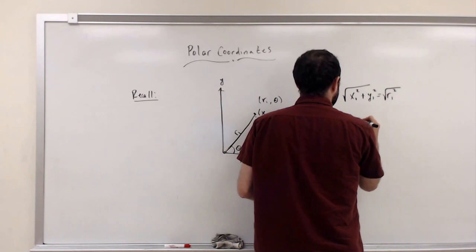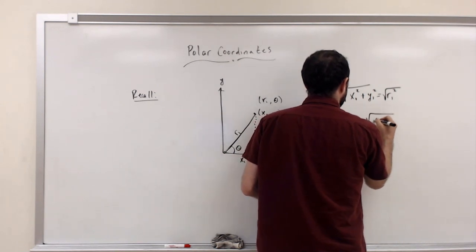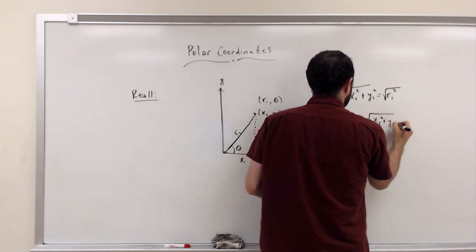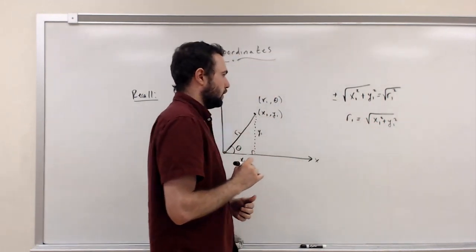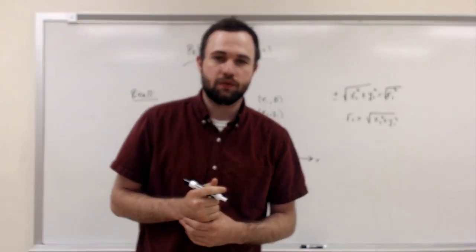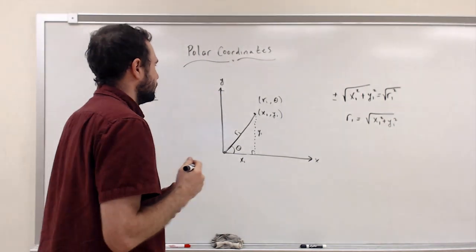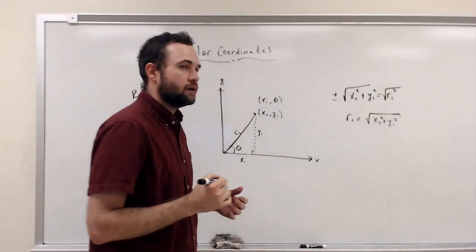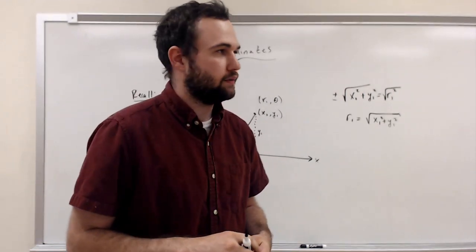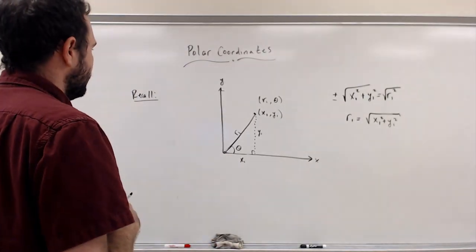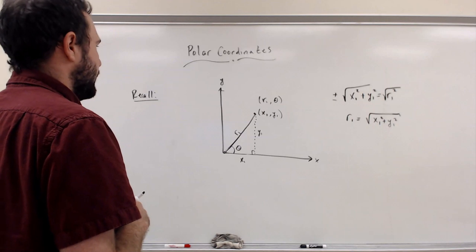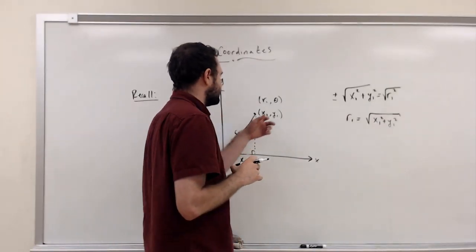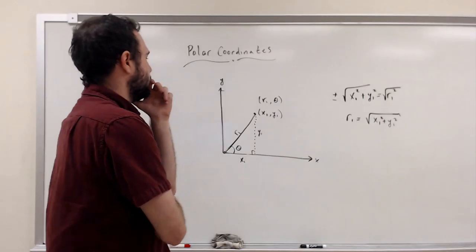So r1 is just the positive square root of x squared plus y squared, or in this case x1 squared plus y1 squared. Okay? So we were able to already determine what r1 is, which is kind of nice. But with that being said, how do we figure out this angle measurement here? How do we figure that out?